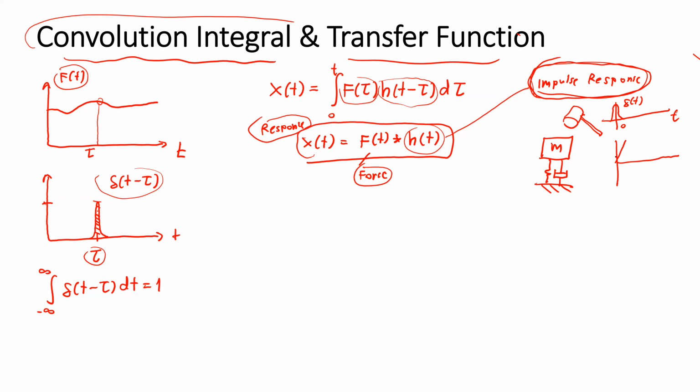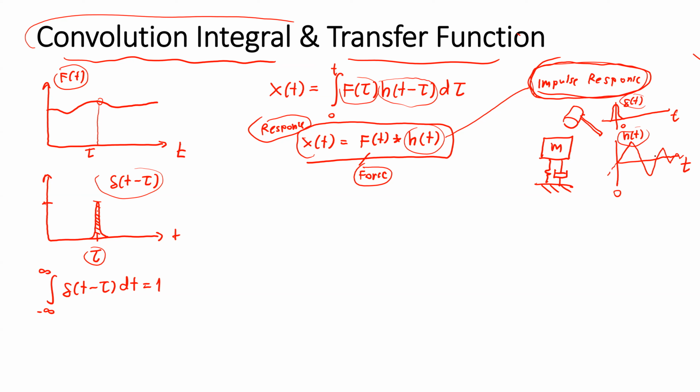When we hit it, what we create is the initial velocity. Initial velocity means the initial slope when time equals 0. The response due to the impulse input is the impulse response. Impulse response has an initial slope and then continues to vibrate.